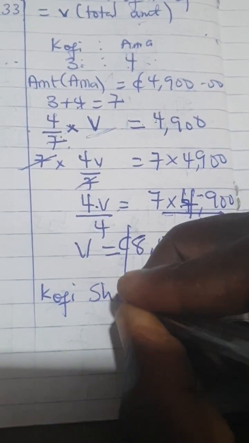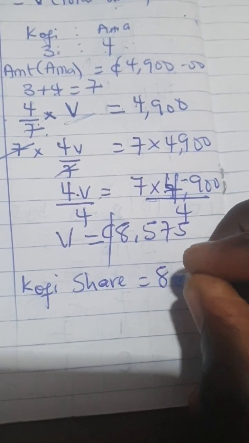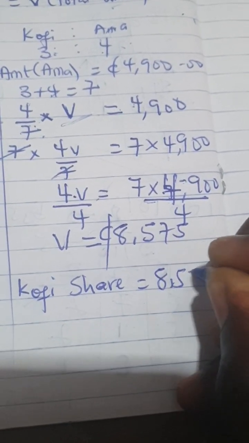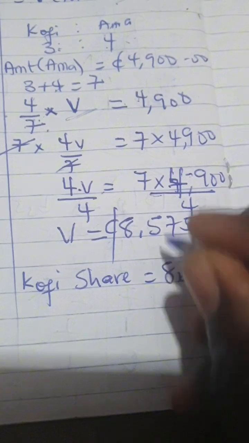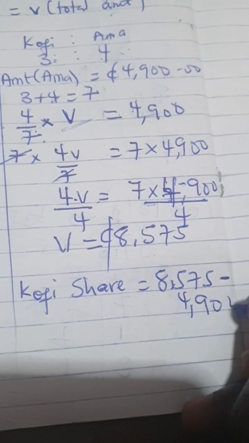So Kofi's share will be equal to the total, 8,575, minus Amma's share, 4,900.